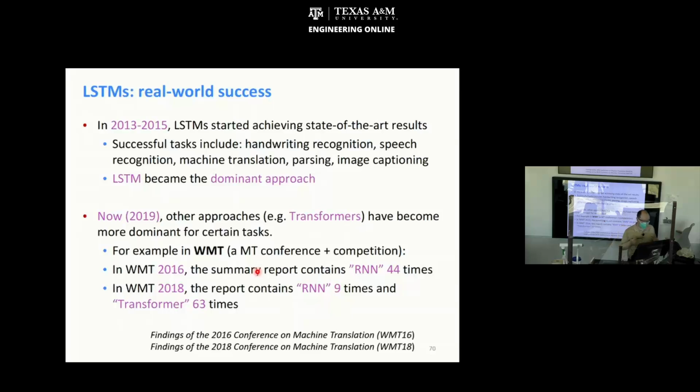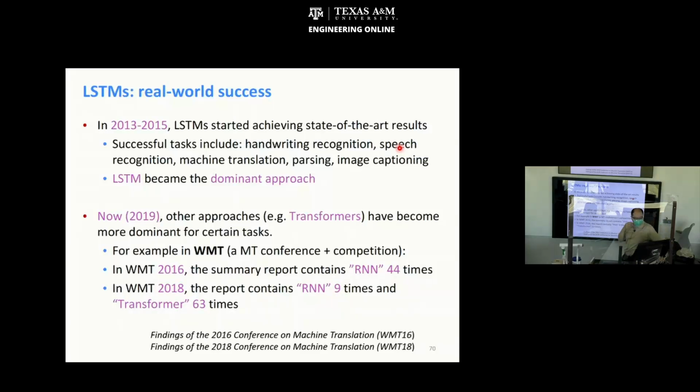Tasks involved include handwriting recognition, speech recognition, machine translation, parsing, and image captioning. These are examples I have shown you before using these very simple diagrams, which we will show you again later. And that has become the dominant approach, LSTM, okay?